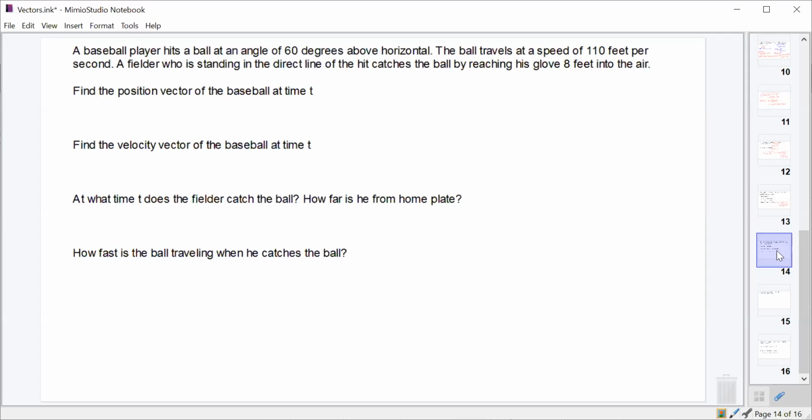Okay, so we got a baseball player that's hitting a ball, hitting the ball at 60 degrees above the horizontal, and it's going at 110 feet per second. So what should the position vector of the ball be at any time t?